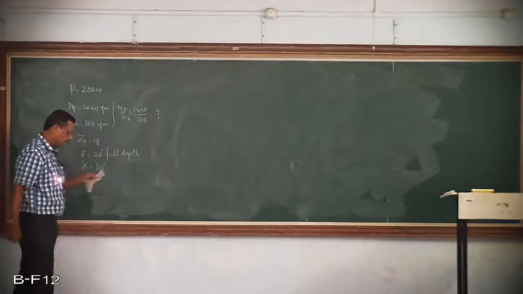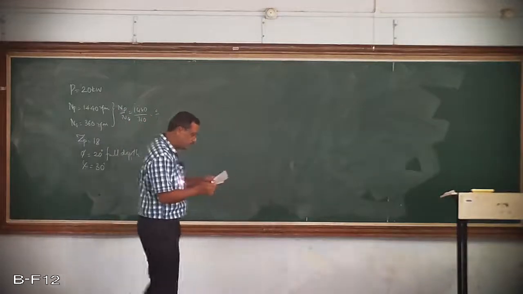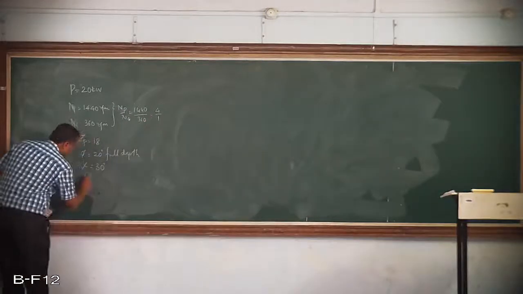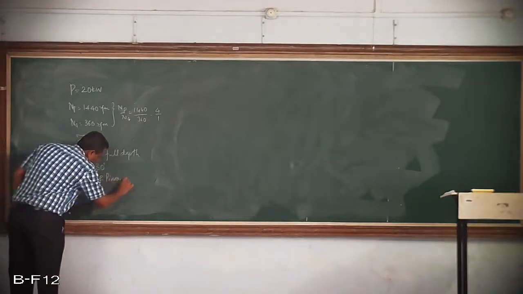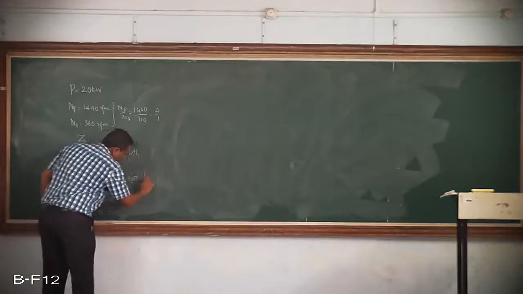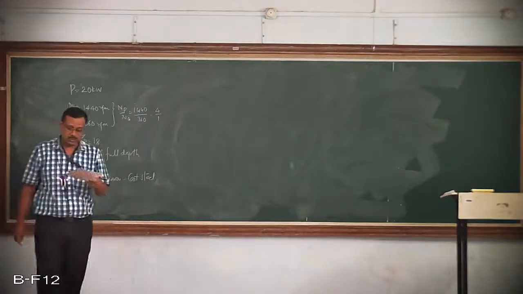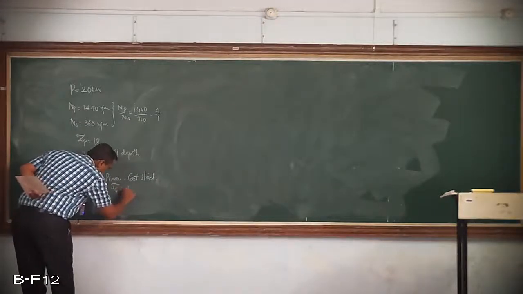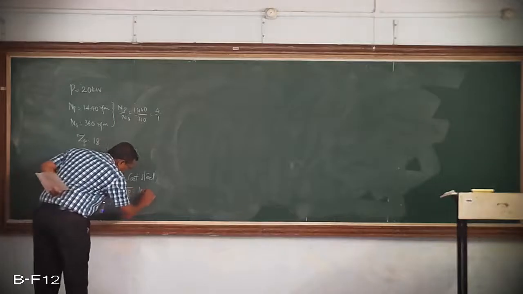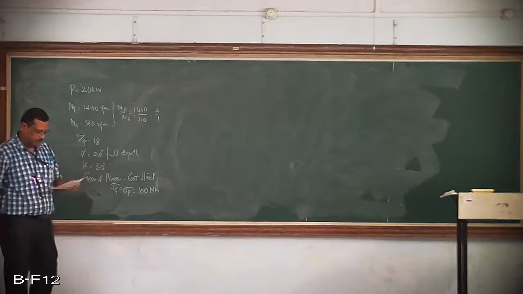Both the gears are made of the same material, that is cast steel, having a static strength of 100 megapascal. Therefore, the strength of gear equals that of pinion, 100 megapascal.